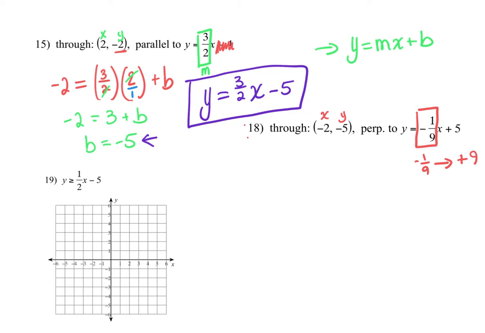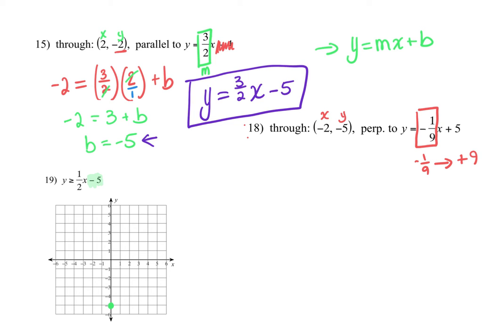All right, so graphing is identical to what we just did, except we're going to shade it this time. The reason you know you're going to shade it is because of that greater than less than sign. That's right there. So you're still going to start at your b, which is right here. Negative 5 on the y-axis puts me right down here. And then my slope.